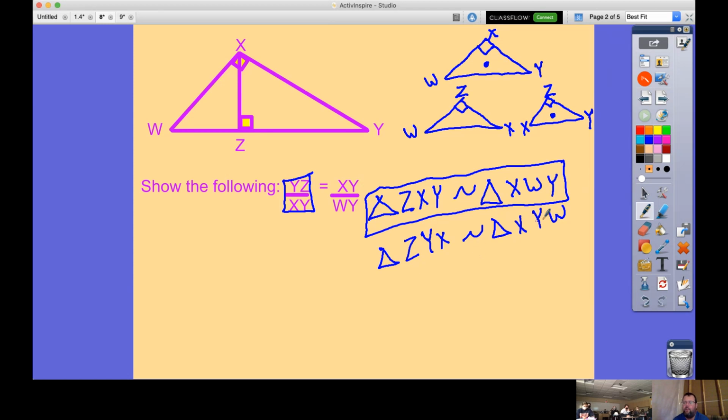So you can have lots of different answers for this and they would still be correct. You just got to make sure your corresponding angles still match up. Any questions on similarity statements? If you have questions, you got to speak up.